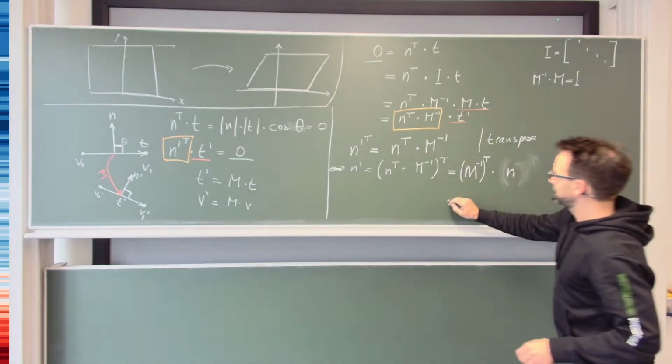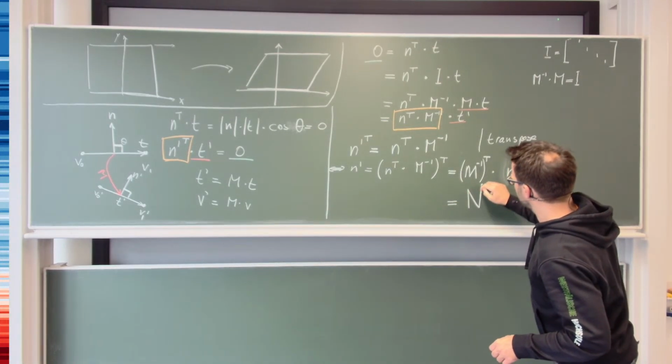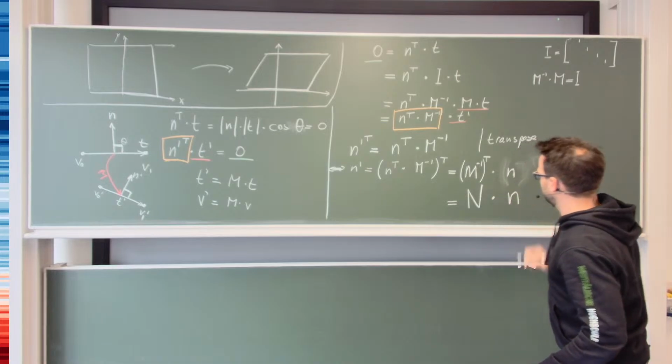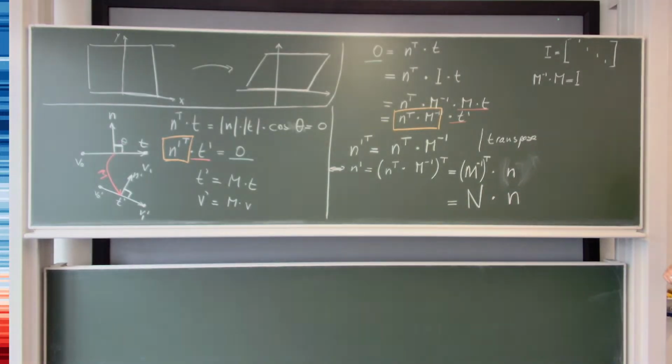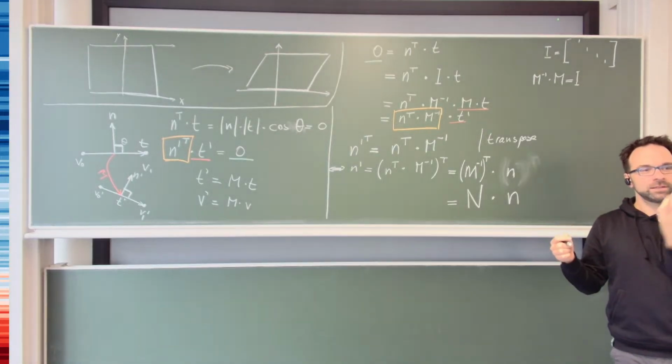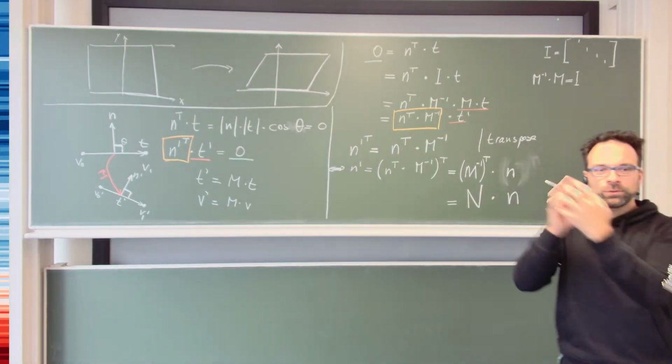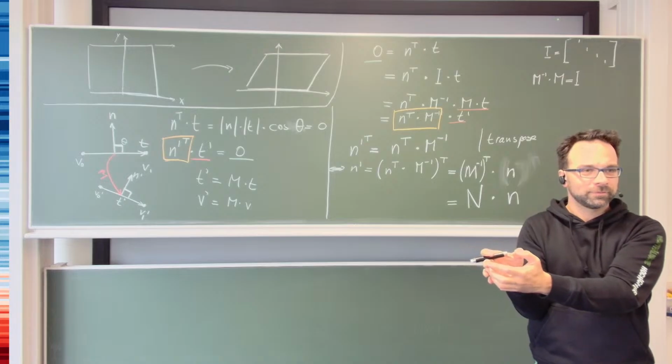Because that is the matrix N that we were looking for. Okay? So you take the inverse of the transformation matrix that you use for the vertices, transpose it, and use it for the normals.